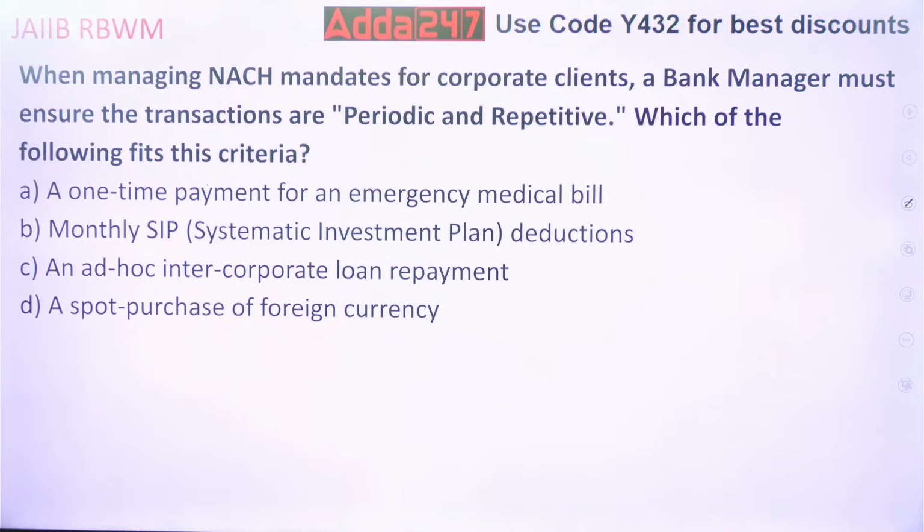One-time payment for emergency medical bill, monthly SIP deductions, ad hoc intercorporate loan repayment, spot purchase of foreign currency. So which one is repetitive and periodic? Correct? Monthly SIP. That is basically repetitive.